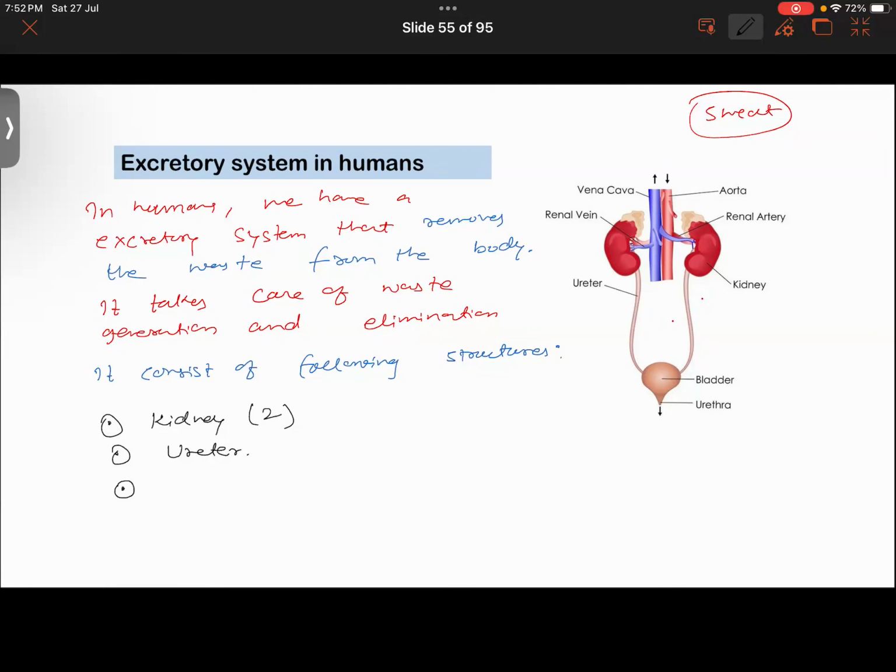So you have ureters, the number is two. Then we have the urinary bladder, which is present in one. Then you finally have the urethra, the passage through which urine is removed.